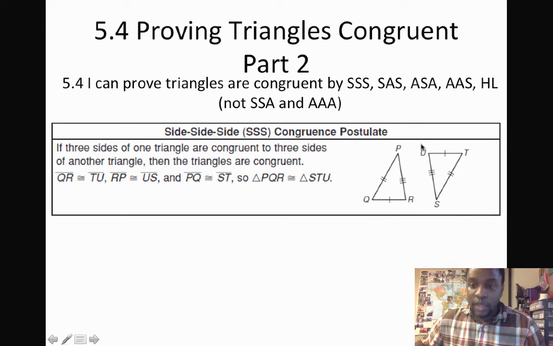Like QR is congruent to UT, RP is congruent to US, PQ is congruent to ST. Therefore, we can say triangle PQR is congruent to triangle STU, making sure that corresponding parts correspond: P corresponds to S, Q corresponds to T, R corresponds to U.